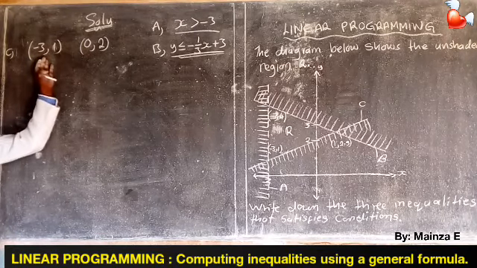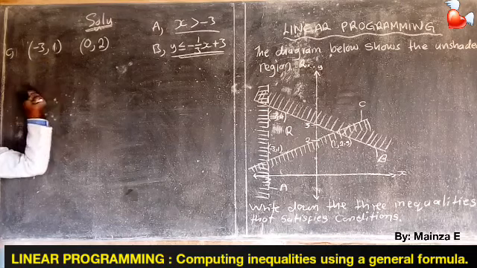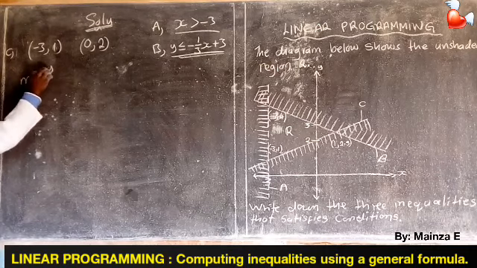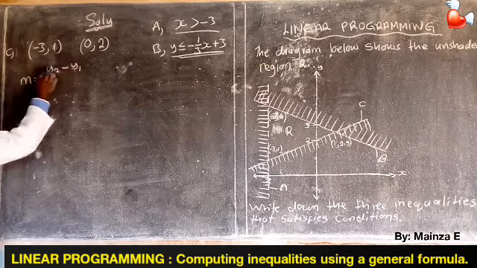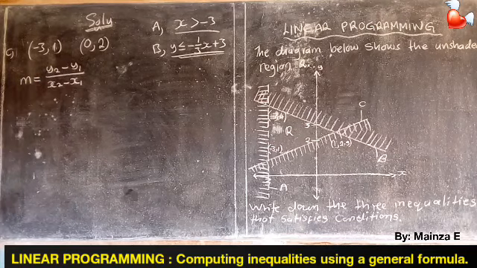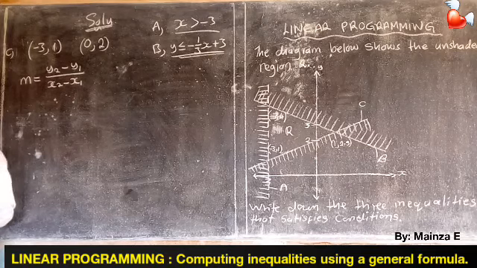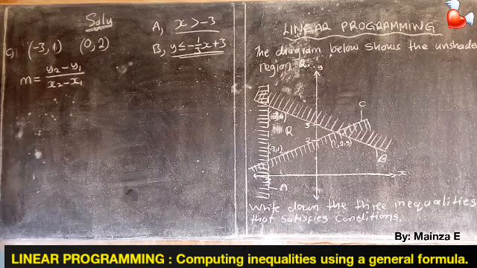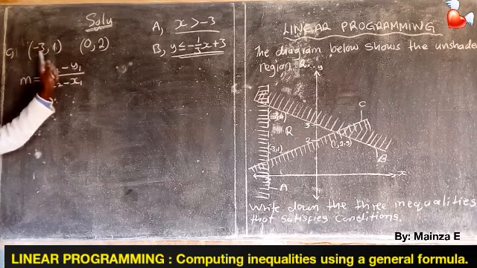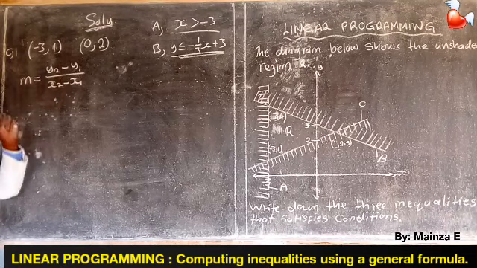After getting the coordinates, second stage is to come up with the gradient. Gradient is m equals y2 minus y1 over x2 minus x1. You now see the same process. Second stage now here is to decide which one shall represent my 1 or my 2.